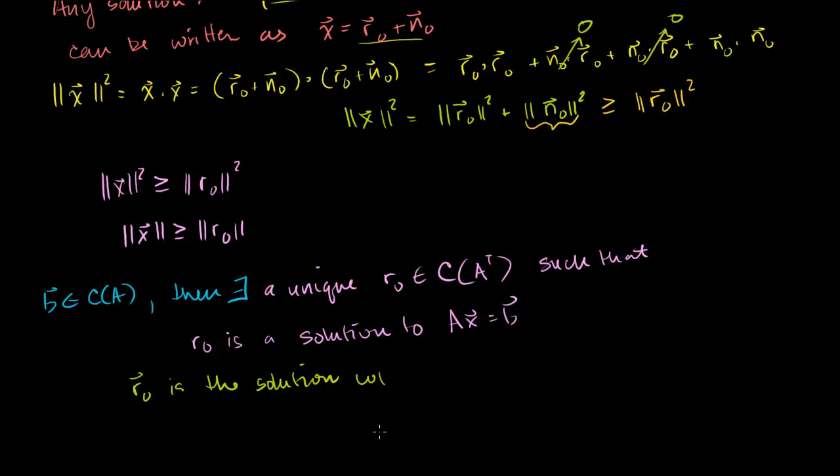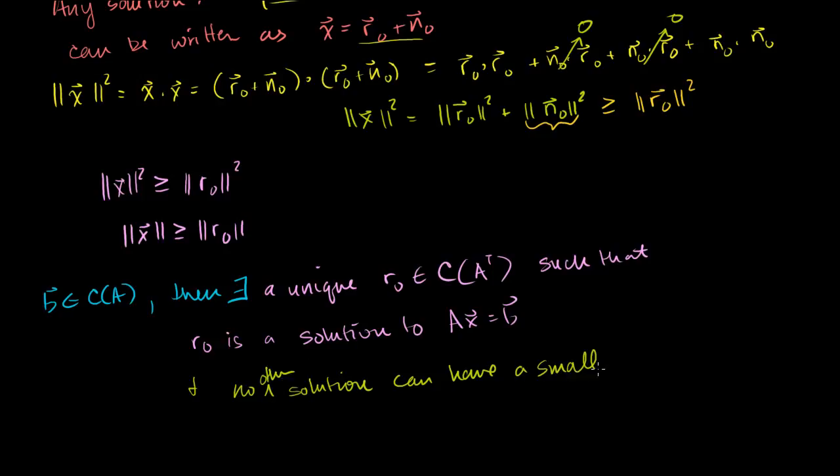Let me write it that way. Maybe some other solution could have the same length. So no other solution can have a smaller length.